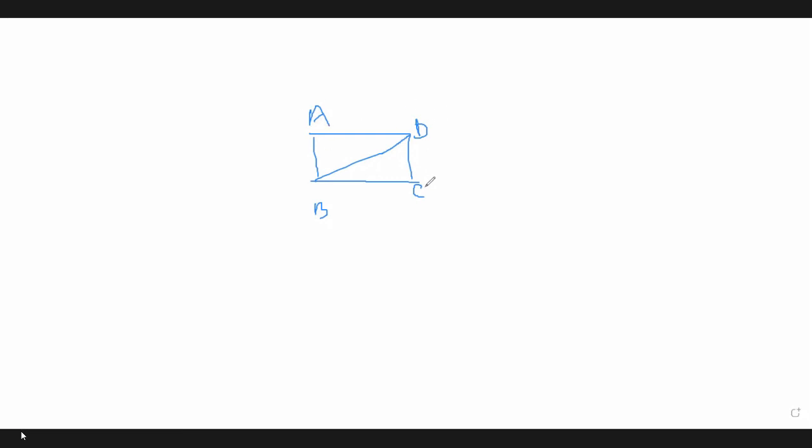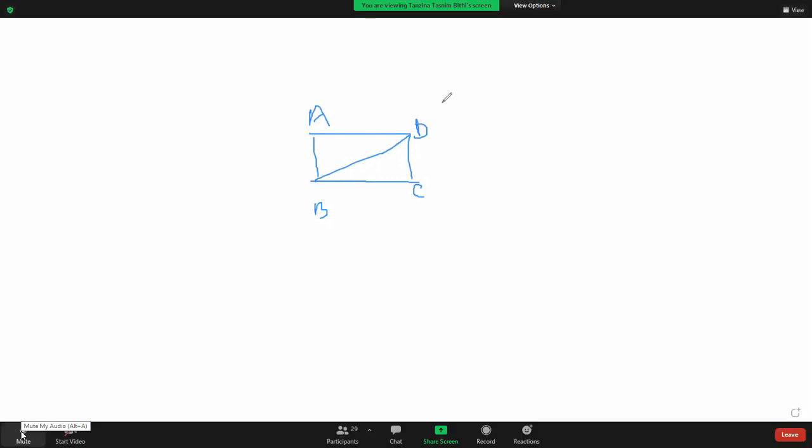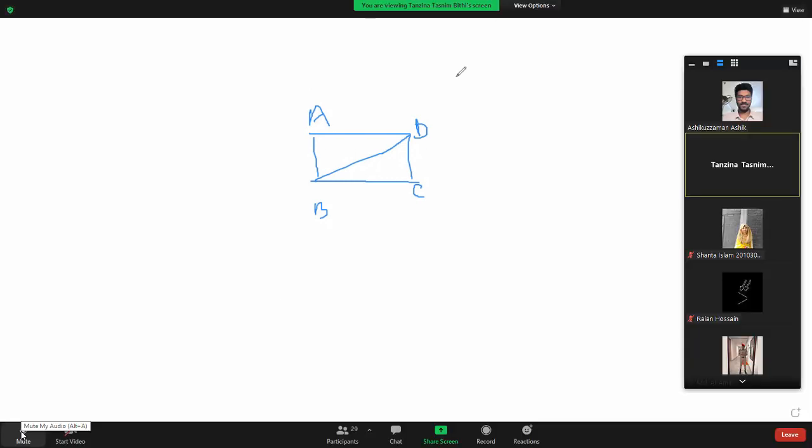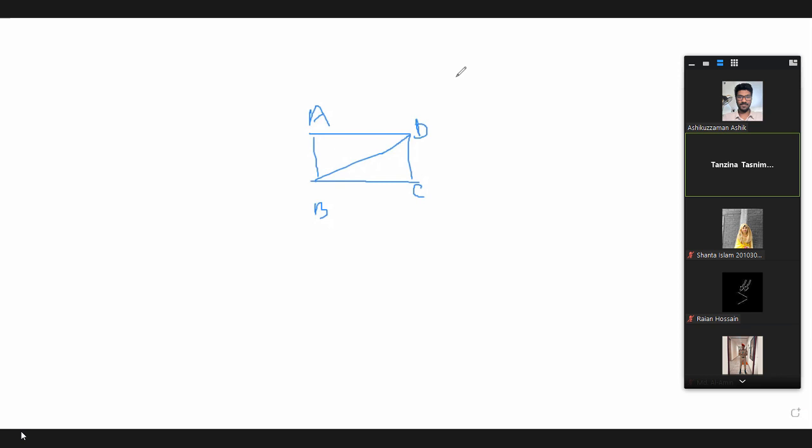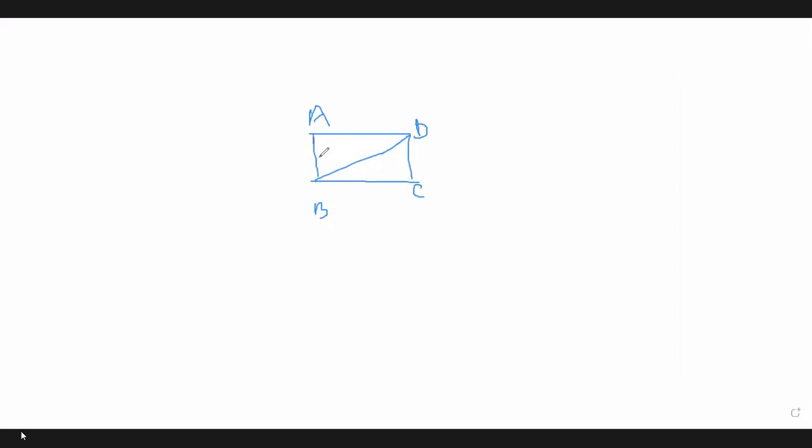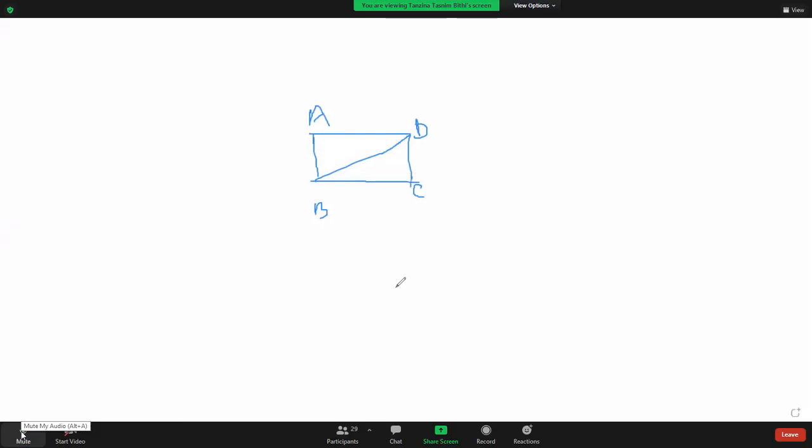Between D and C, there is also another edge. But what about A and C? Is it directly connected? No, ma'am. Actually, between A and C there is no direct connection, there is no edge.